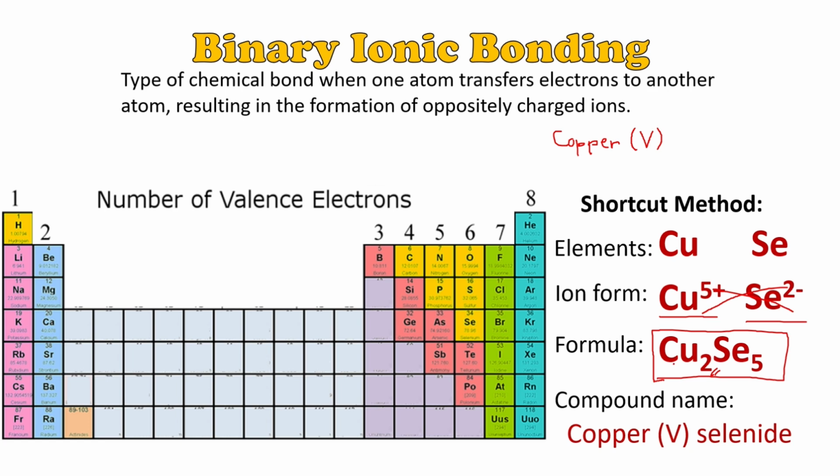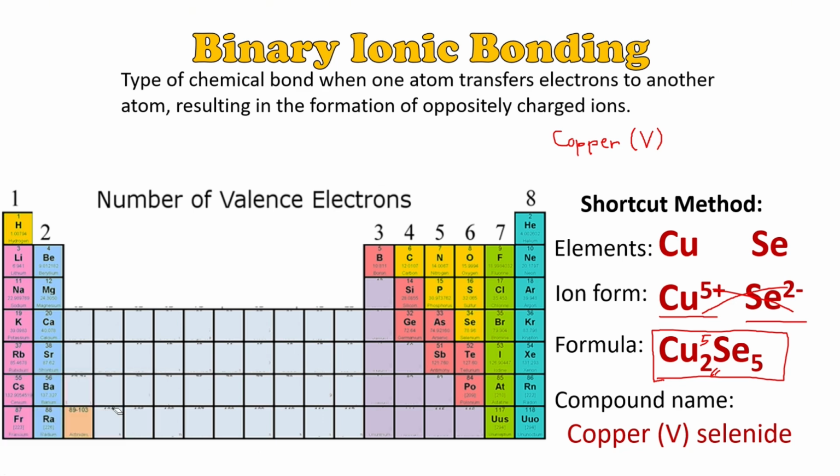It doesn't say the charge of the copper. So what is the charge of this copper? Obviously the charge of this copper, Cu, is the 5 in Se because remember we crisscrossed it. It means this 5 is originally here in our copper.